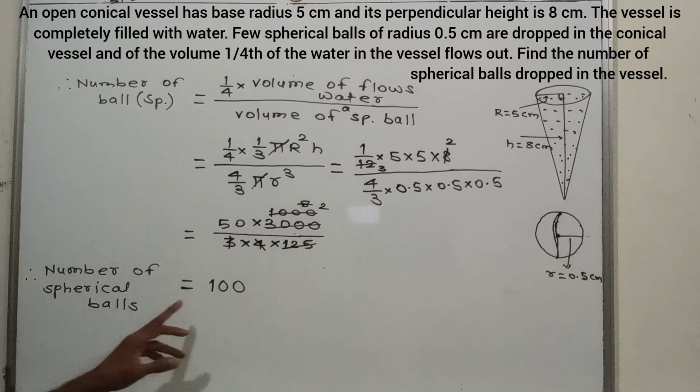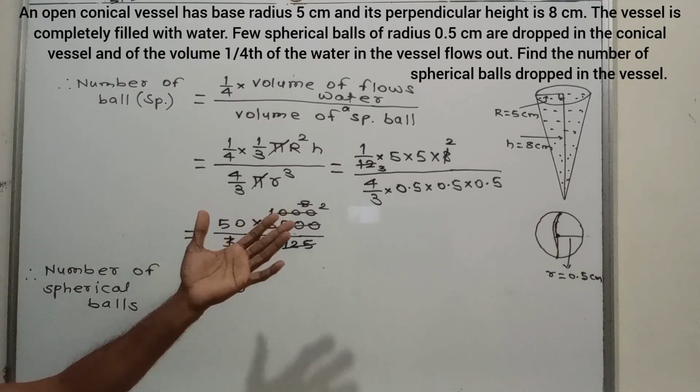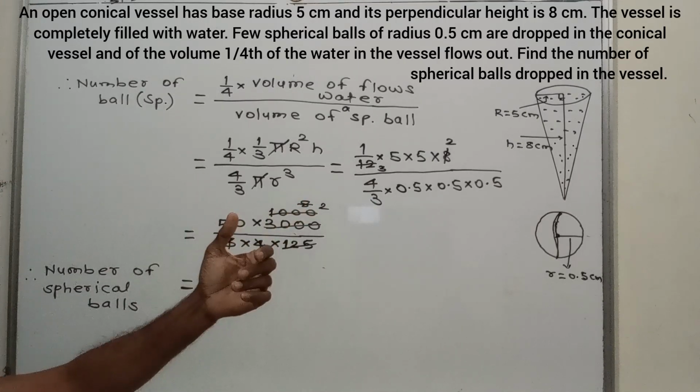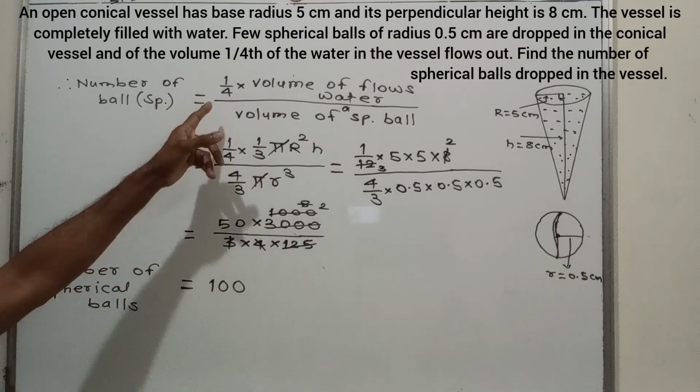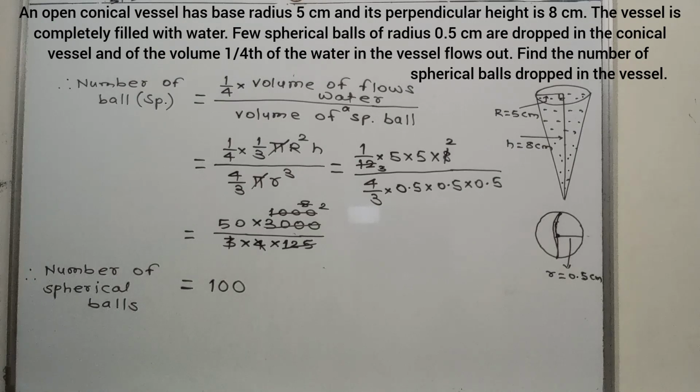Means when we drop 100 spherical balls in that conical vessel containing water, then 1/4 of volume of water flows out from that conical vessel.